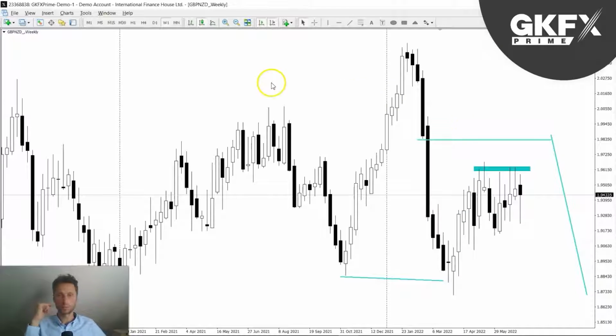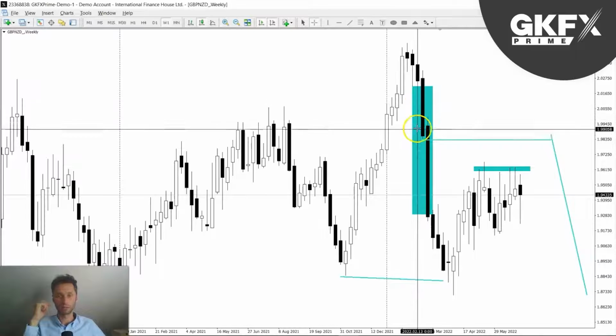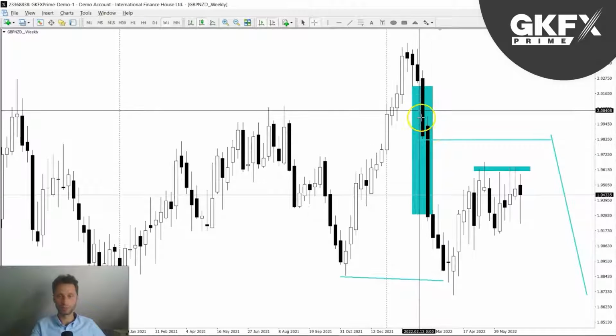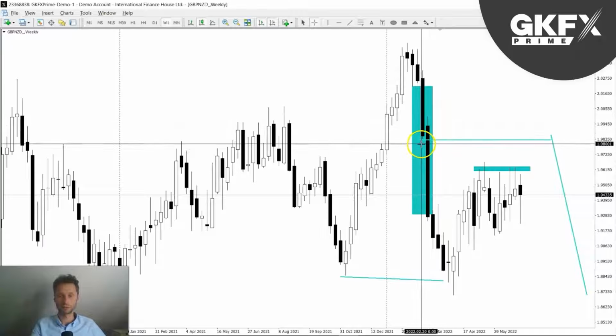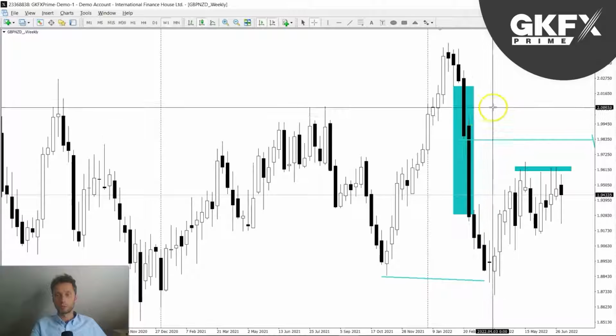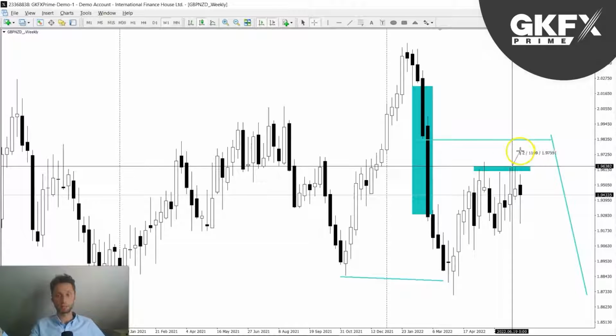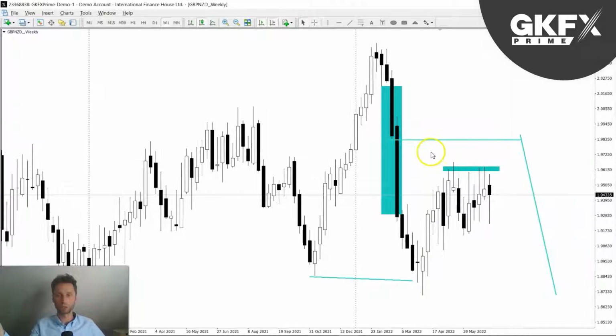With that in mind, and because we have this very big run down where the market just did not give any opportunities, it was all selling, there was no buying, very little I would say, that means that we've got a bit of a gap in the price, and the market is more likely to reach towards these areas.